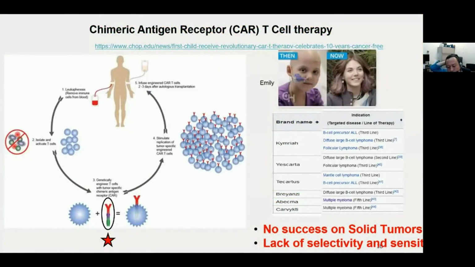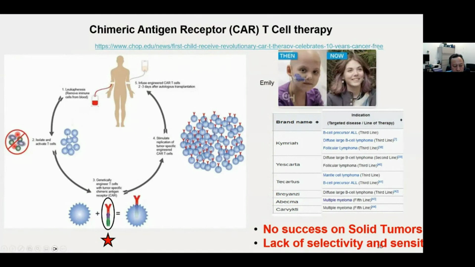Okay, so let's now move to the central topic for this talk. It concerns the chimeric antigen receptor, which is used in T-cell therapy. T-cell therapy is basically taking blood from the cancer patient, in this case leukemia.